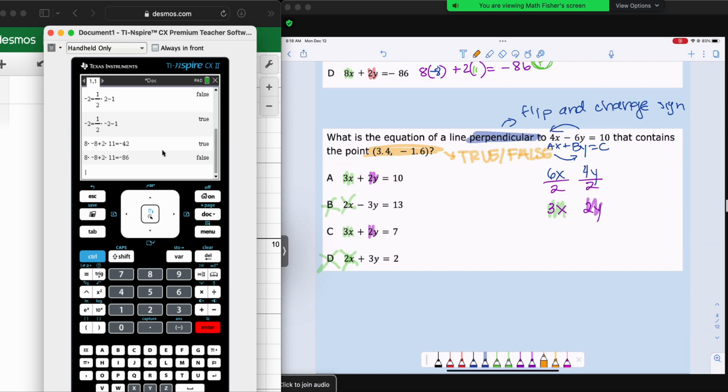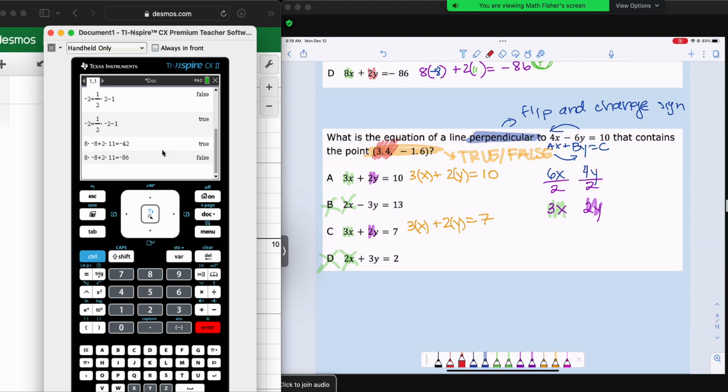So I have 3x plus 2y equals 10, and then I have 3x plus 2y equals 7. Put your parentheses around all your letters. Anywhere I see an x, I am going to put a 3.4.